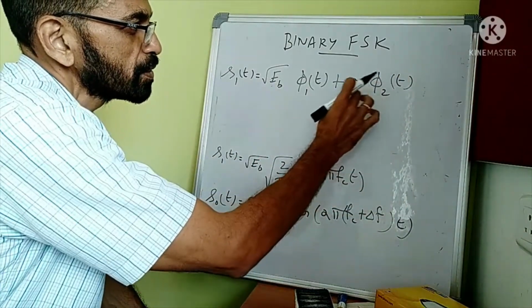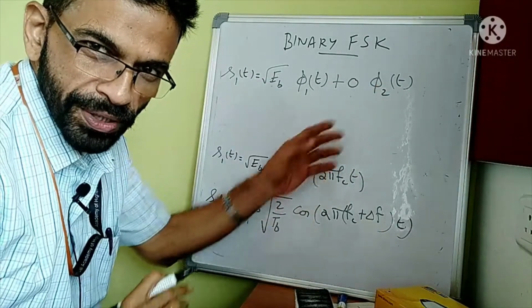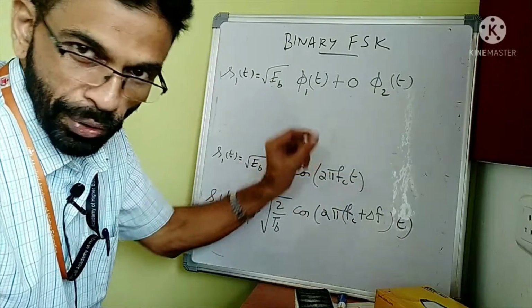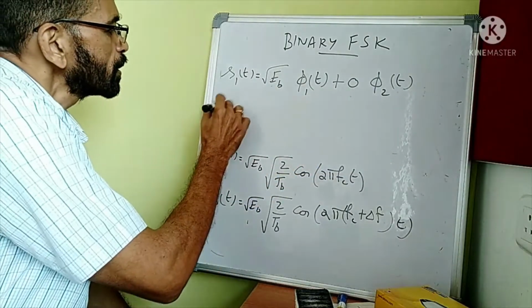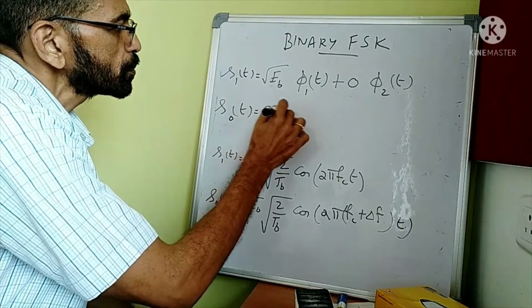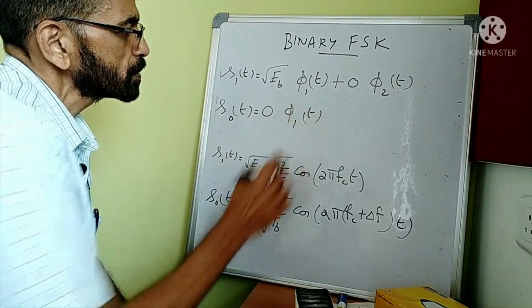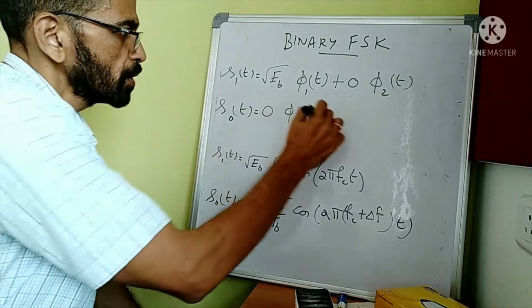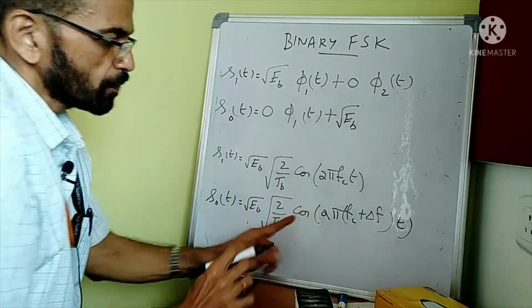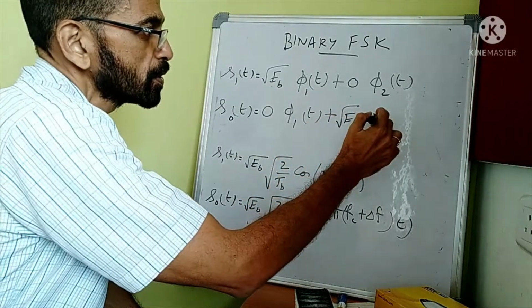You can add plus 0 phi 2t just to bring the orthonormal basis function phi 2t also into play. And S0t would be 0 into phi 1t, just to bring phi 1t into the picture, plus root Eb into phi 2t.